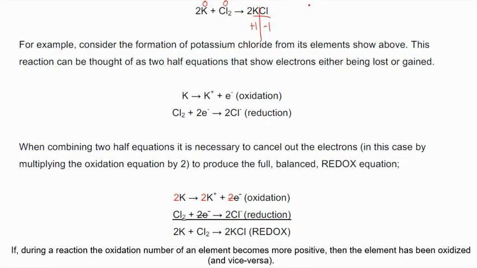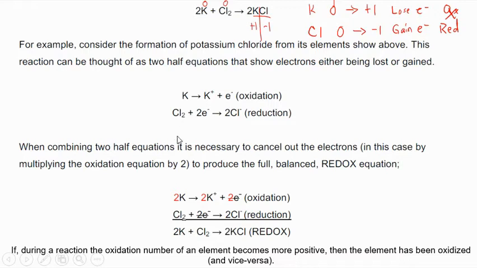So if K went from 0 to a +1, to become positive, it had to lose electrons. So it's the item that was oxidized, it goes through oxidation. My chlorine went from a 0 to a -1, so it gained electrons. So it was the item that was reduced. That's how we figure out oxidation versus reduction.